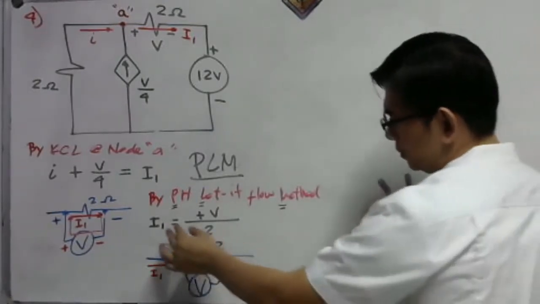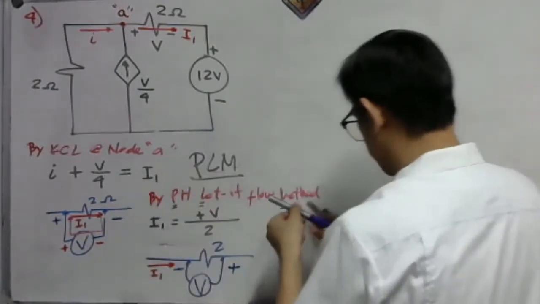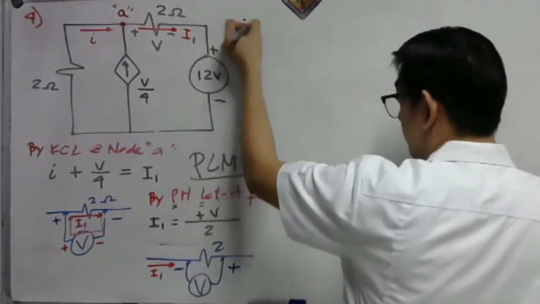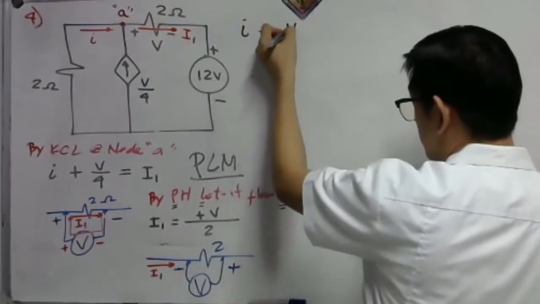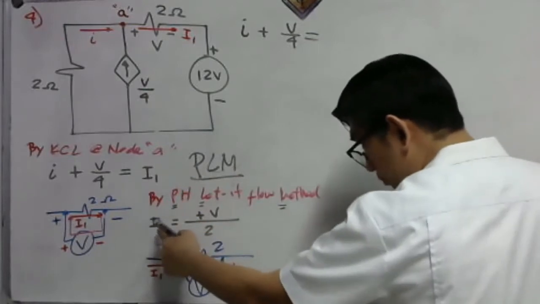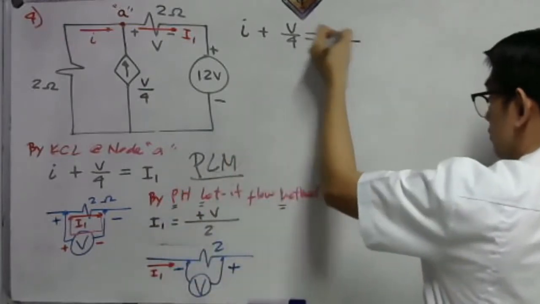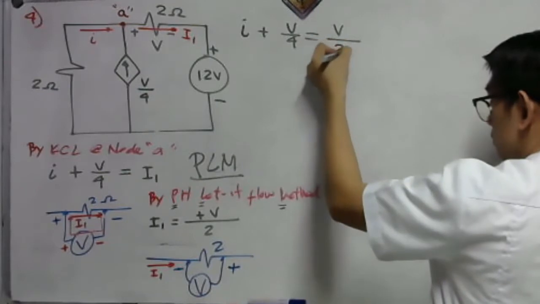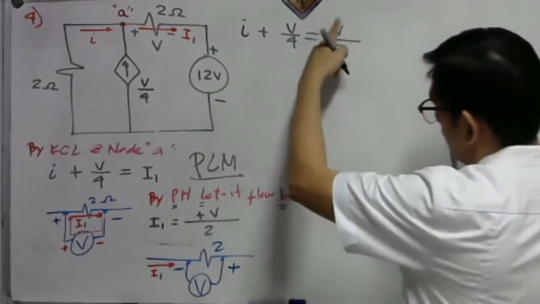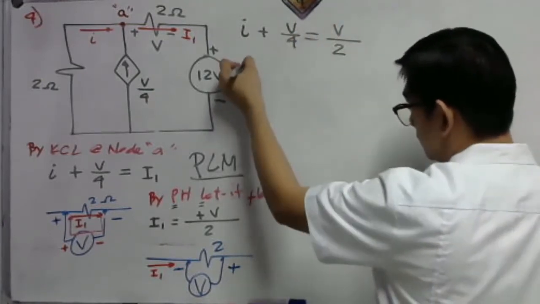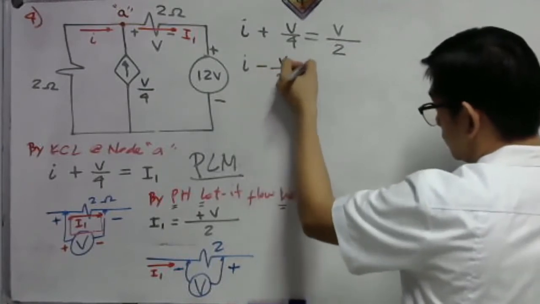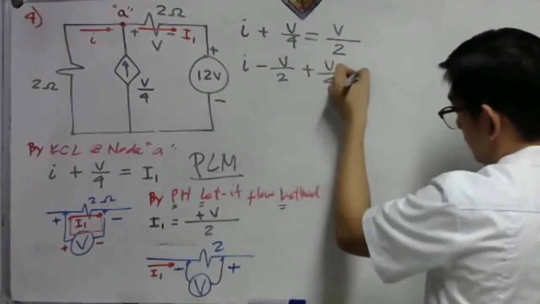Let us just substitute our I1 in our equation. Let's go back to our equation. So we have I plus B over 4 equal to I sub 1. So I sub 1 is simply equal to B over 2. Then let us transpose this B over 2, so I minus B over 2 plus B over 4 is equal to 0.